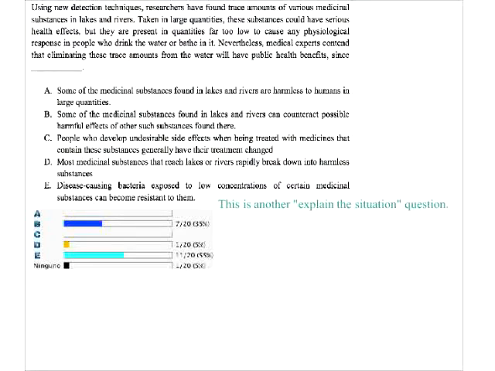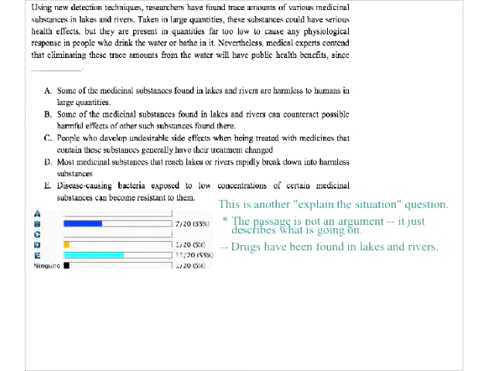So the situation here is the passage is not an argument. It's just a description. It just describes what is going on. Here's what's going on. Drugs have been found, medicinal substances is just a way of saying drugs, in lakes and rivers.